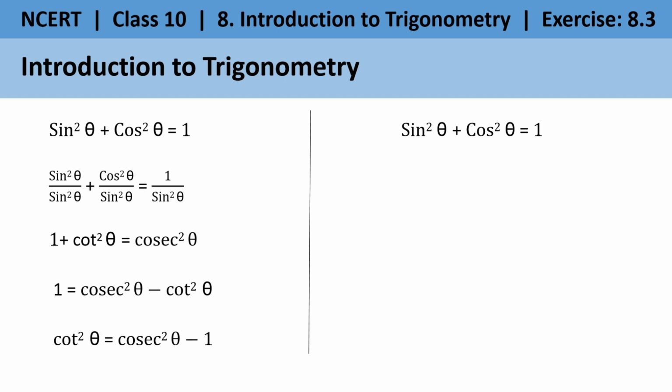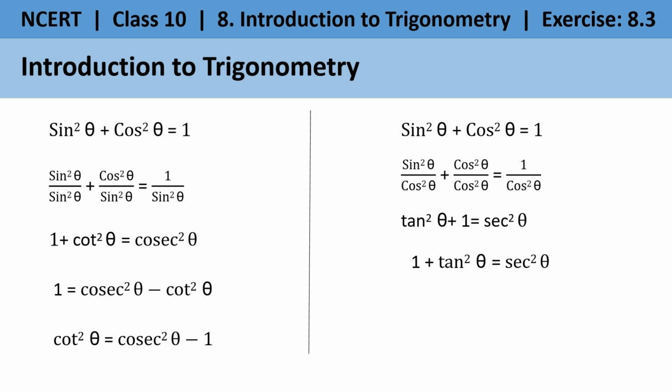Sin square theta plus cos square theta is equal to 1. Let us divide this equation by cos square theta. Tan square theta plus 1 is equal to secant square theta. 1 plus tan square theta is equal to secant square theta. 1 is equal to secant square theta minus tan square theta.